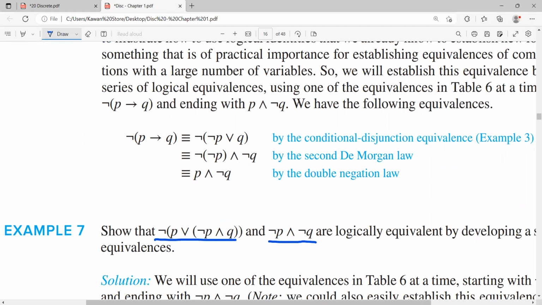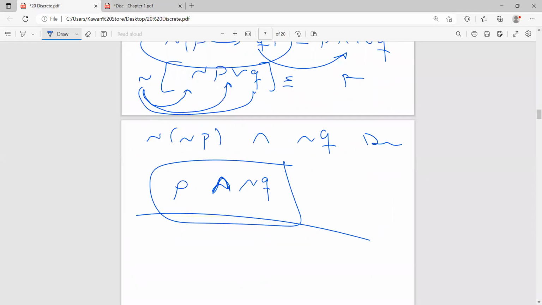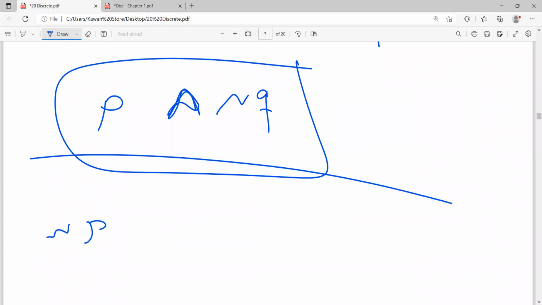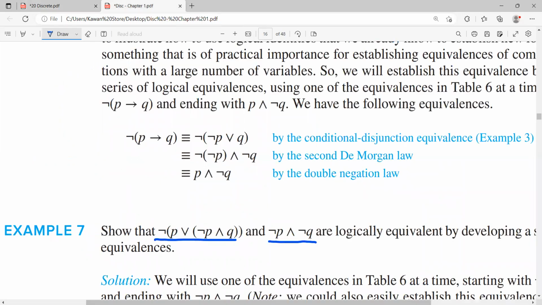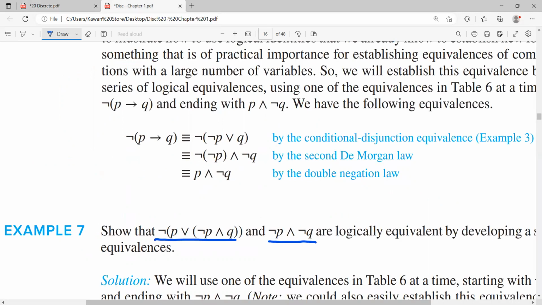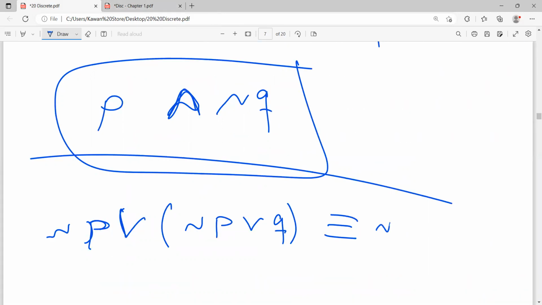Yalla, help me. Negation P or we have negation P. Yes. Negation P or, okay, what else? Negation P and Q, equivalent to what? P and negation Q. Am I right?